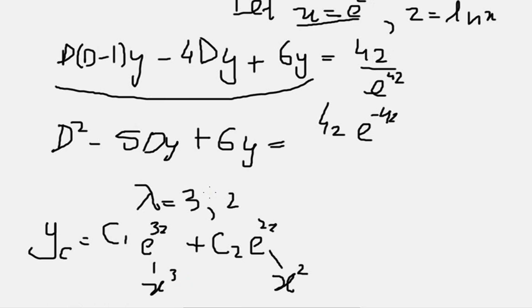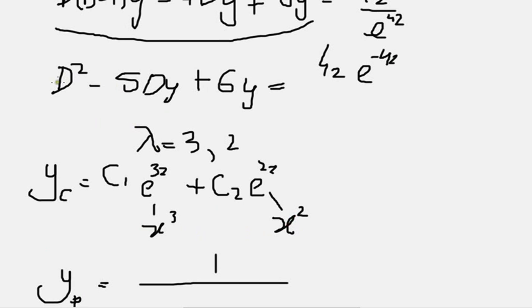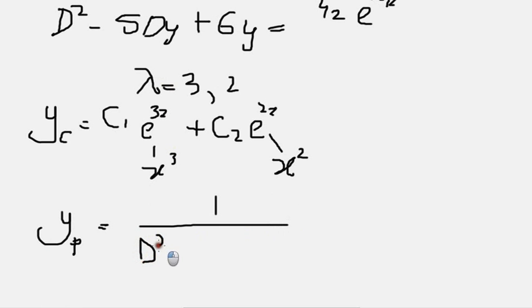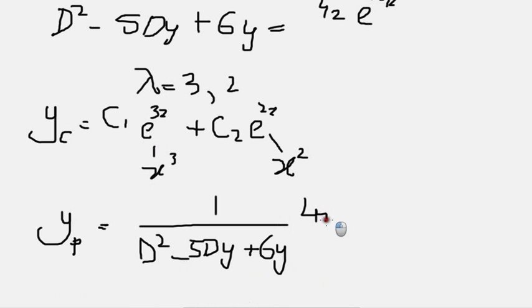Now we have to find the particular integral of this equation, which would be yp equals 1 over a function of the derivative, which would be D square minus 5D plus 6, into 42 into e to the power minus 4z.